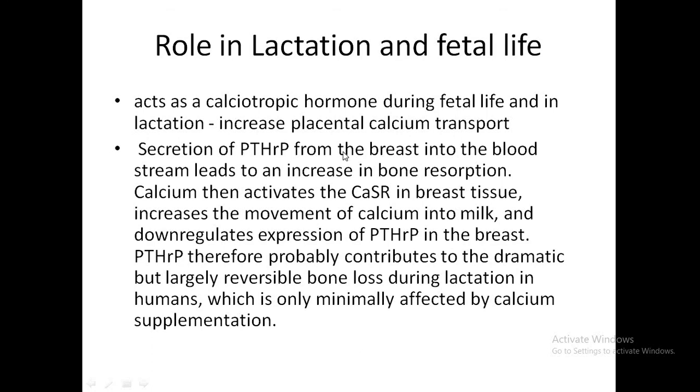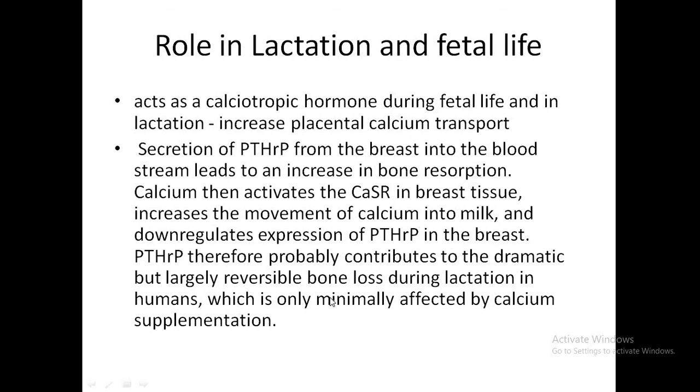So secretion of PTHrP will increase bone resorption because it will cause more calcium to come out of the bone, but the calcium will activate the CASR, and this will downregulate the PTHrP in the breast. So there is a dramatic but reversible bone loss during lactation in humans because the developing child needs the calcium, and it is mainly taken with the help of PTHrP from the bone of the mother.